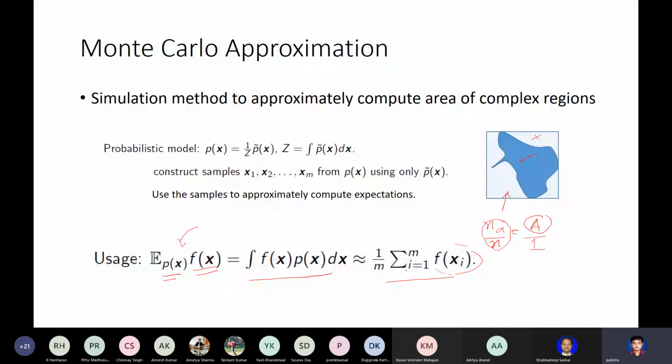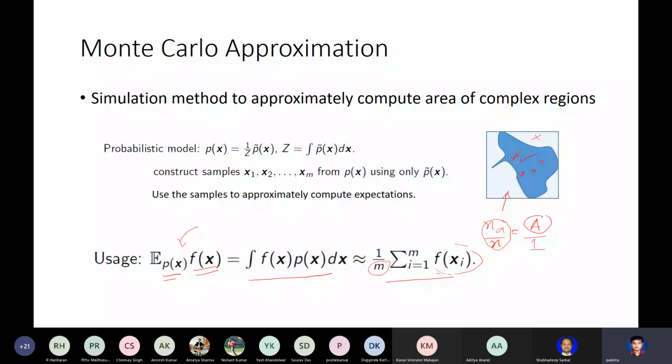So you do a rejection sampling, and retain only the samples which fall in this region, and let's say m such samples fall in this region, and you add up the f(x_i) values for all of them and divide by m.